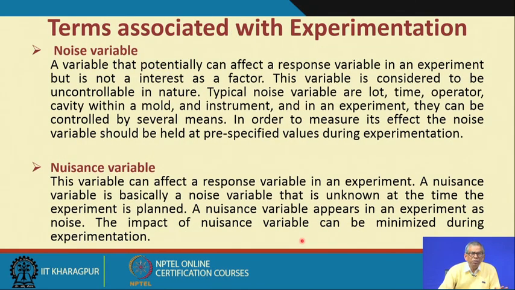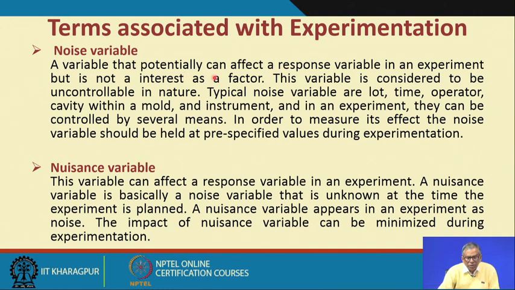What is a noise variable? We discussed this while defining robust design, where we referred to uncontrollable noise factors. In experimentation you must be aware of the different kinds of noise variables.